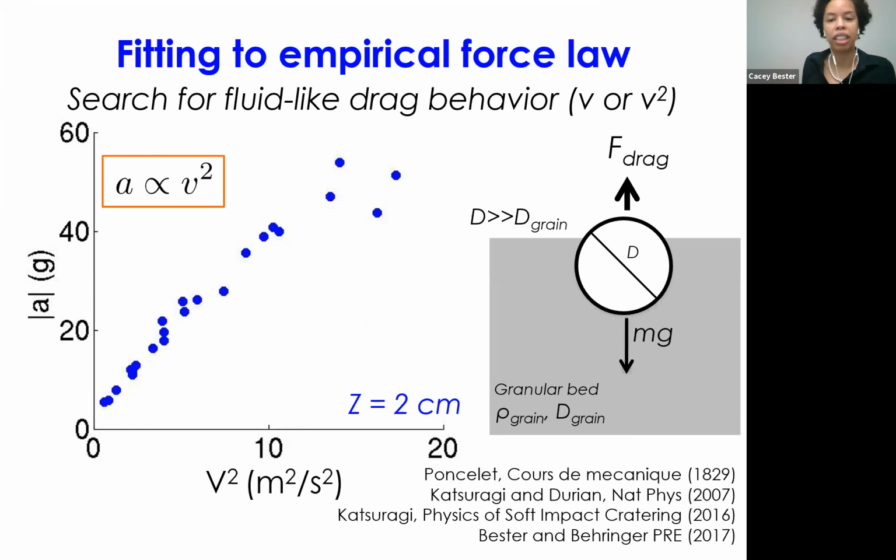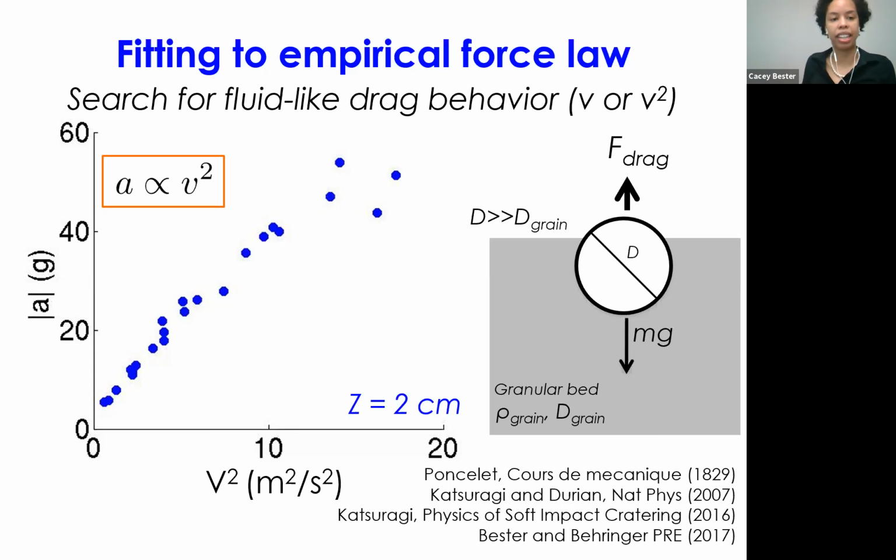I then determined the acceleration and velocity at a constant depth, in this case at 2 centimeters below the surface of the granular media, and look for a relationship between acceleration and velocity as a way of getting the form of our fluid-like drag of the granular media.